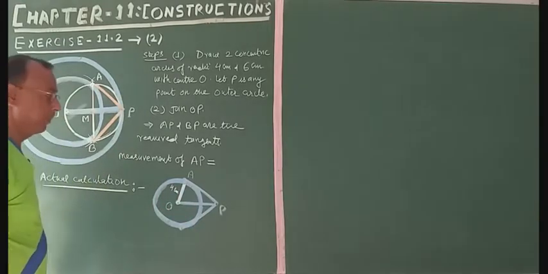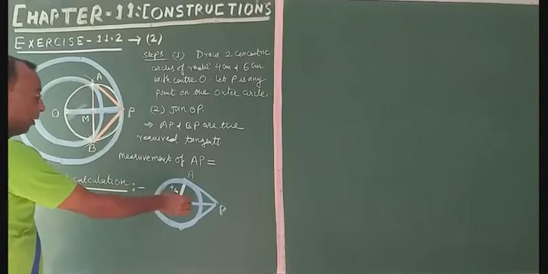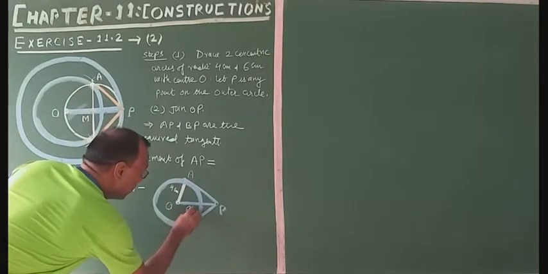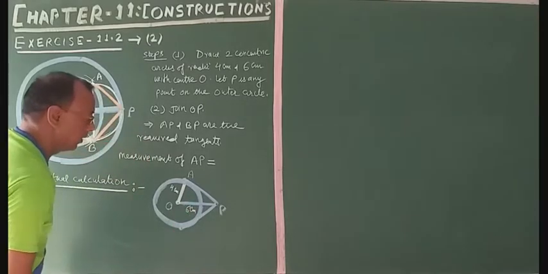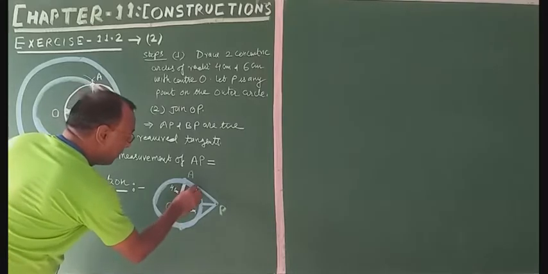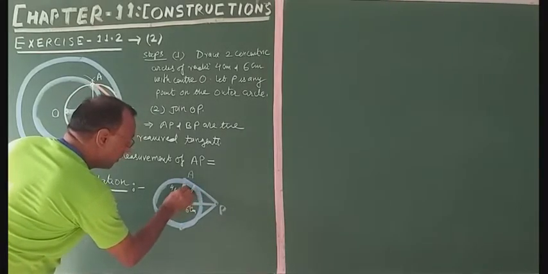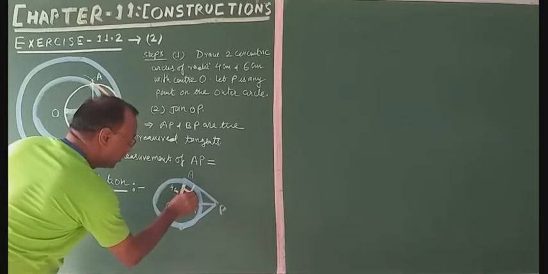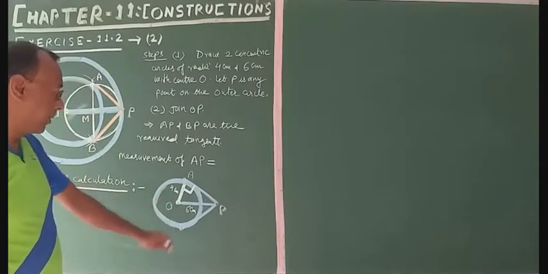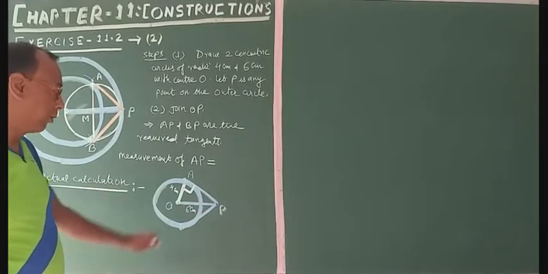OP is the radius of the bigger circle, 6 centimeter. And this radius OA will be perpendicular to tangent AP, because there is a theorem: the radius of a circle is perpendicular to the tangent at the point of contact.